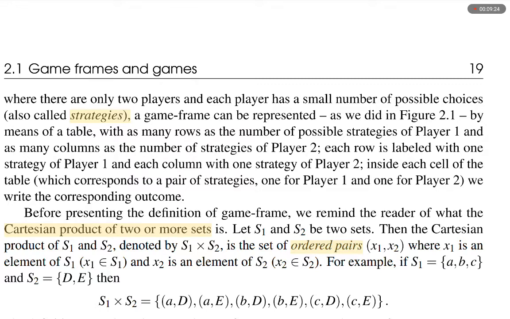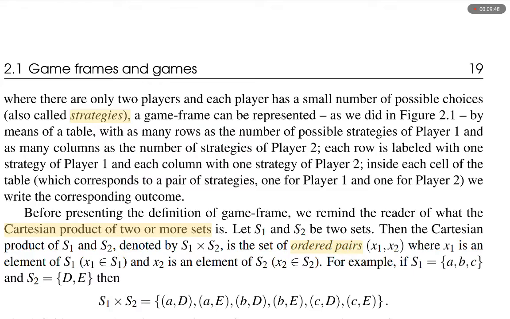Inside each cell of the table, which corresponds to a pair of strategies, one for player 1 and one for player 2, we write the corresponding outcome. Before presenting the definition of game frame, we remind the reader of what the Cartesian product of two or more sets is. Let capital S1 and capital S2 be two sets.